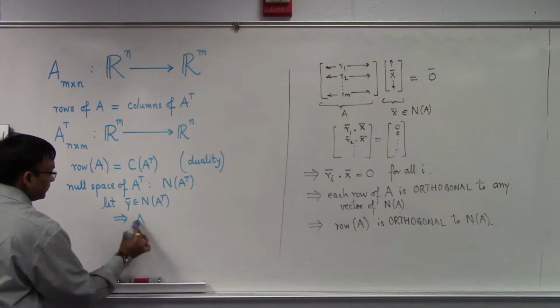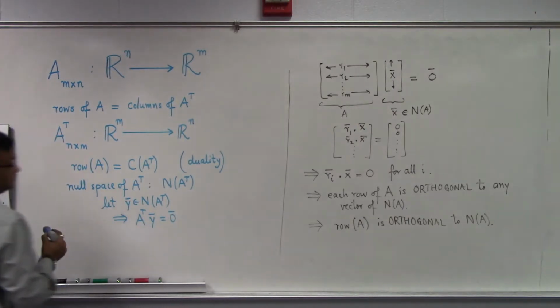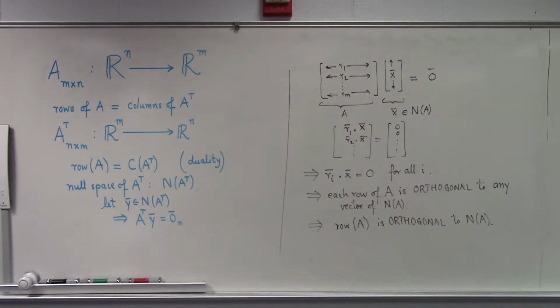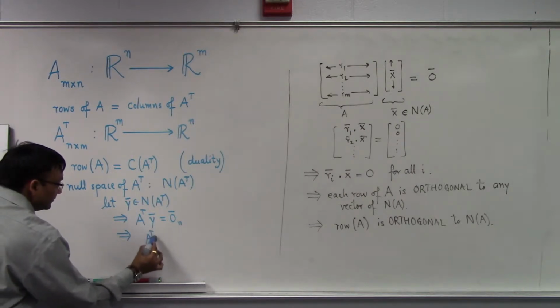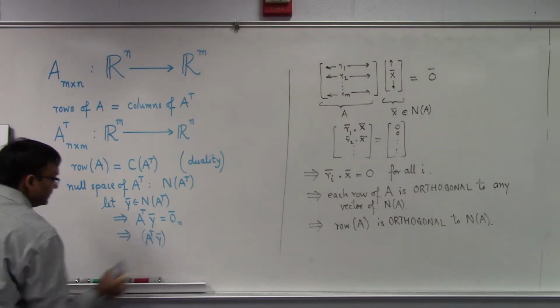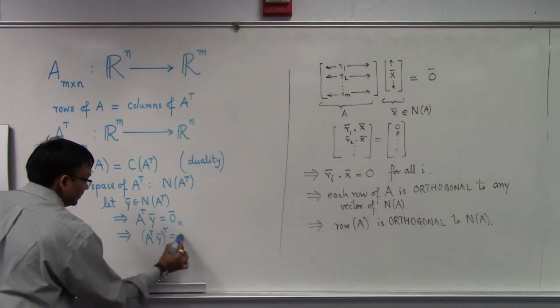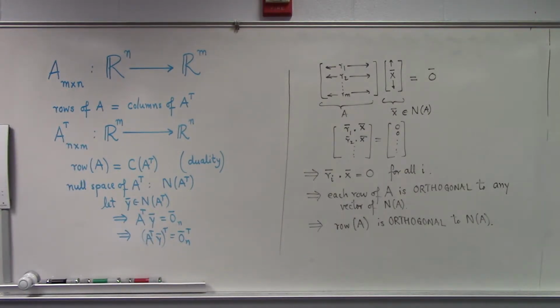This means A transpose times y would give me the 0 vector in Rn. Now, using the properties of transpose, I can say (A transpose y) whole transpose should be the transpose of the 0 vector.